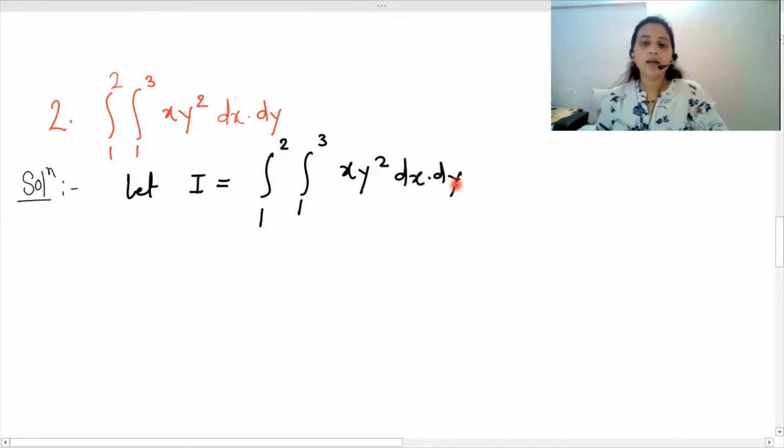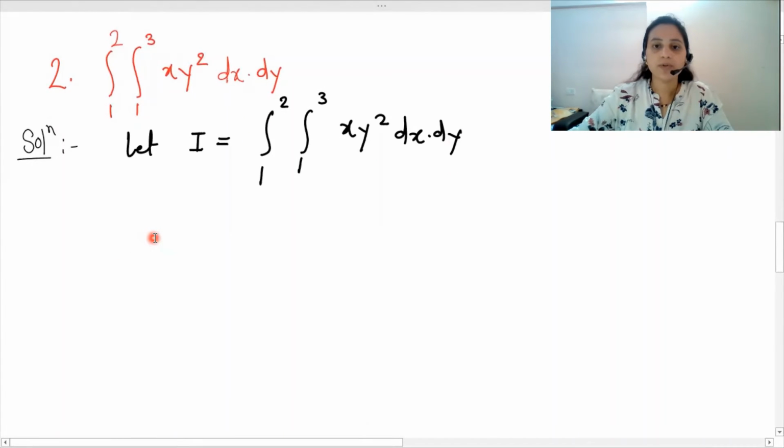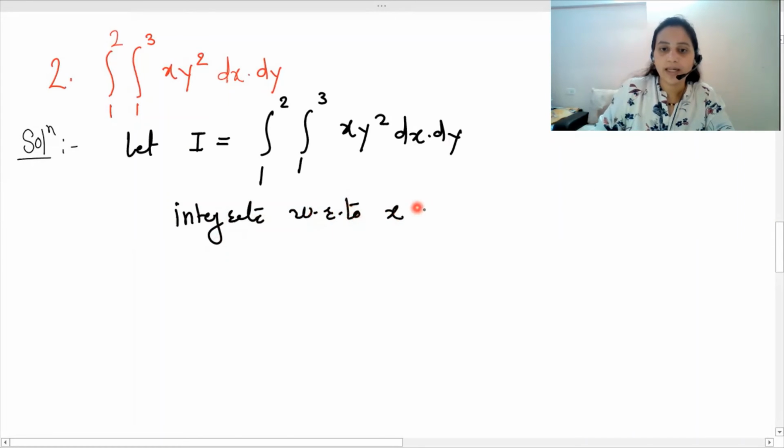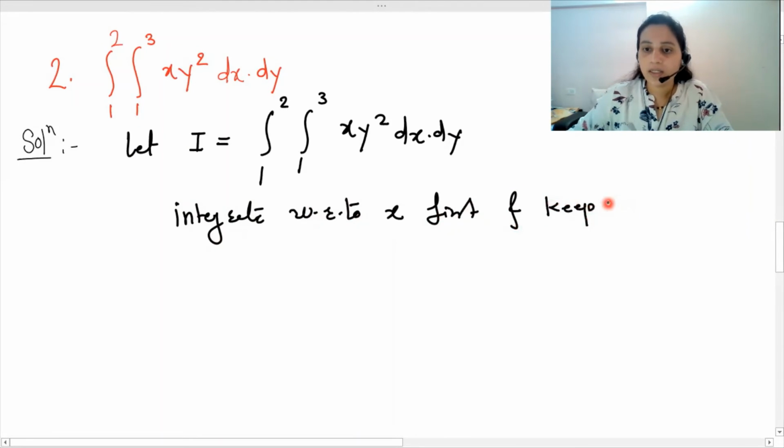We are going to integrate with respect to x first, and at the same time treat y as a constant.